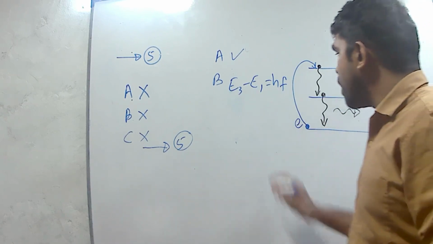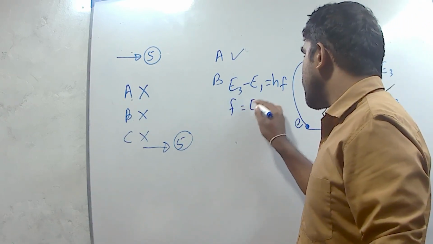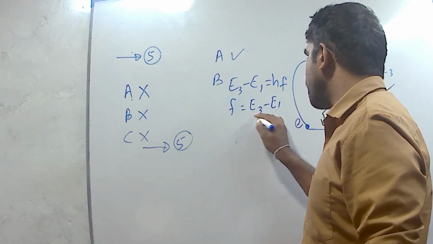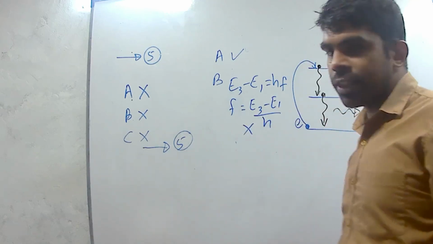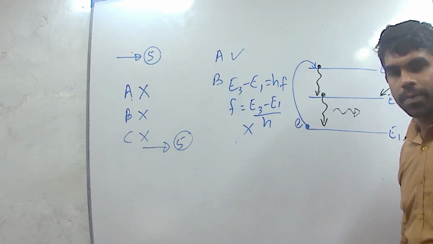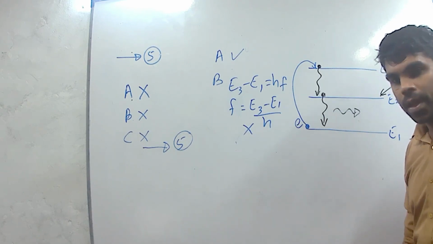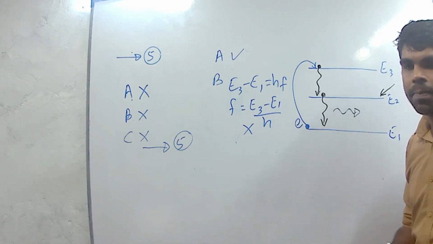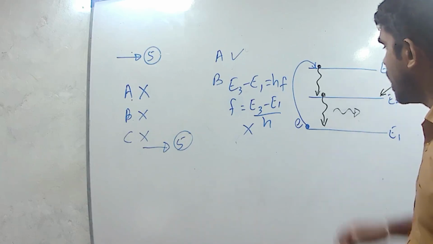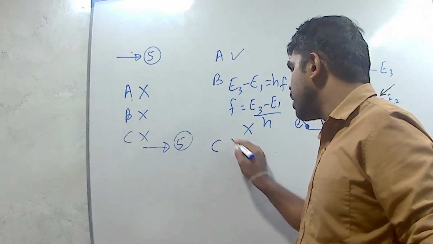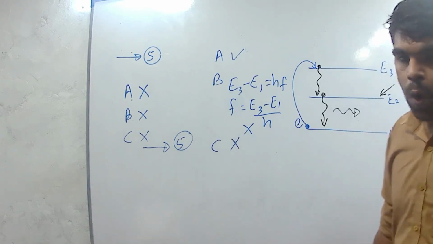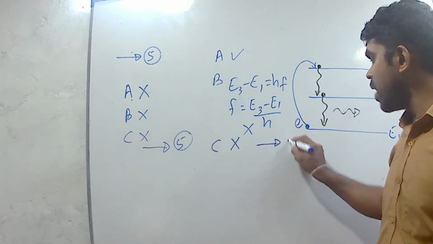Then the pumping frequency F should be E3 minus E1 divided by H. Then statement B is incorrect. Statement C, level 3 is known as the metastable level. You know that level 2 is the metastable level. C is also incorrect. Only A is true. Then the answer is 1.